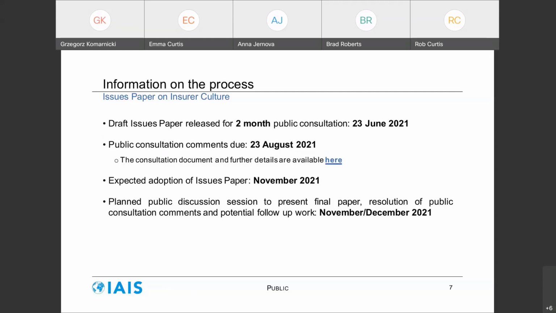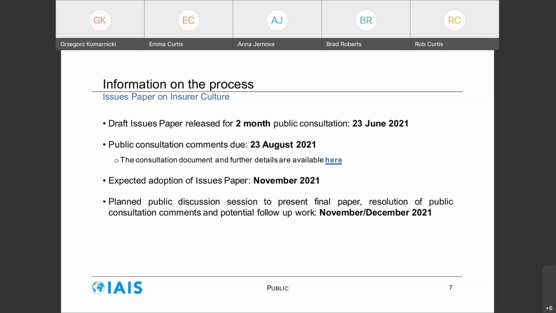The consultation document and further details are available on the public consultation page of the IAIS website, and the link is provided on this slide. In terms of next steps, the paper is scheduled for adoption in November this year. After that, we'll hold another public discussion session to present the final paper and to resolve public consultation comments and any potential follow-up work that comes out of the paper.